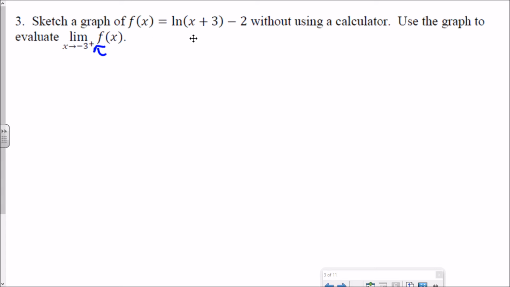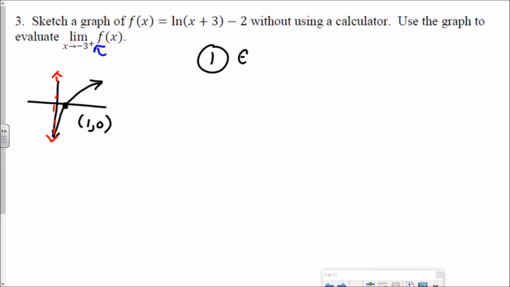All right, so again, I'm going to think about what the parent function is. The parent function for logarithmic growth looks like this, with a turning point at 1, 0, and an asymptote at x is equal to 0. It is going to follow the same 3-step process.